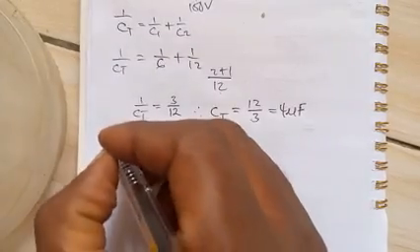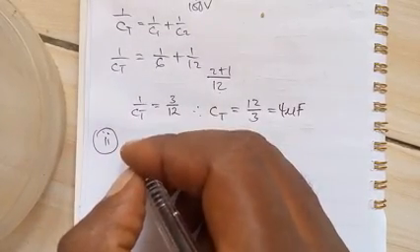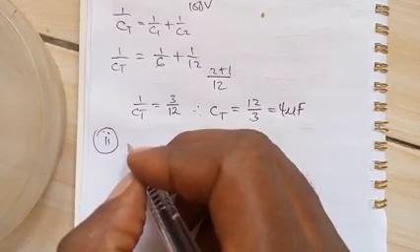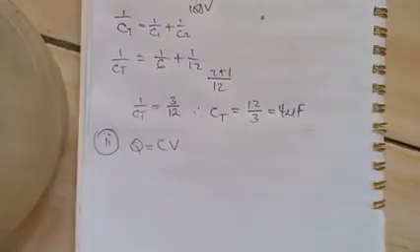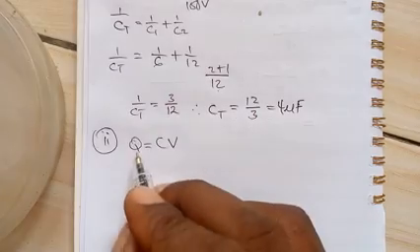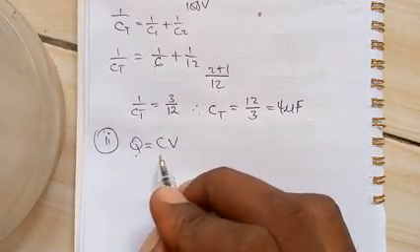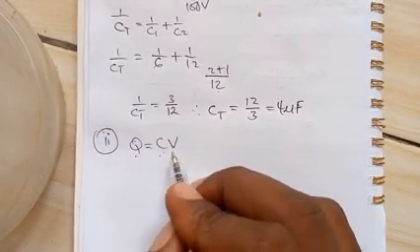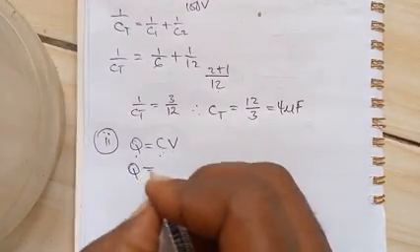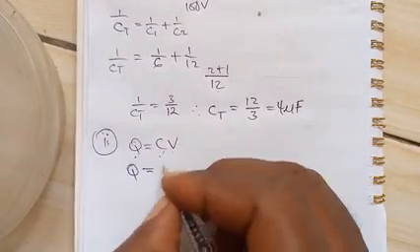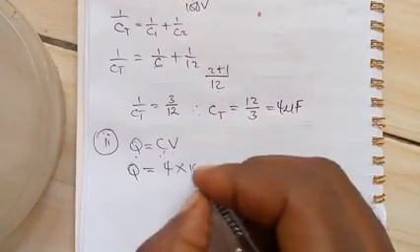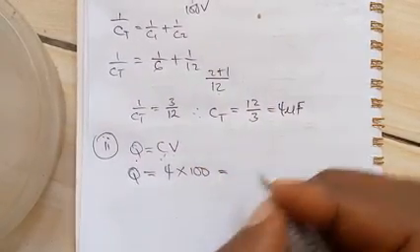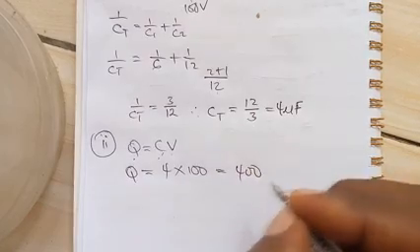The second one says we should find the charge on each capacitor. Remember that Q is equal to CV. This is charge, this is total capacitance, and this is the volt. So charge is equal to 4, which we got, times volts, 100, which will give you 400.